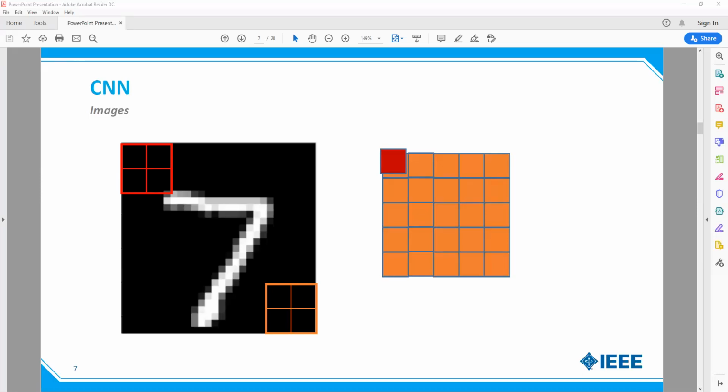So that's the idea with CNN when it comes to images, where the first layer typically identifies low-level features such as lines, and then as you move towards deeper layers, it identifies more refined, more abstract features such as a circle, and then even farther up in the network, you start identifying, let's say, a face.